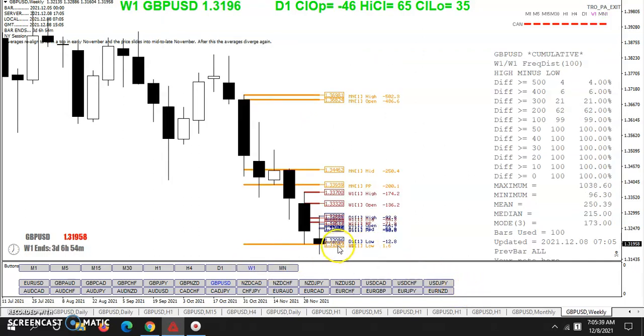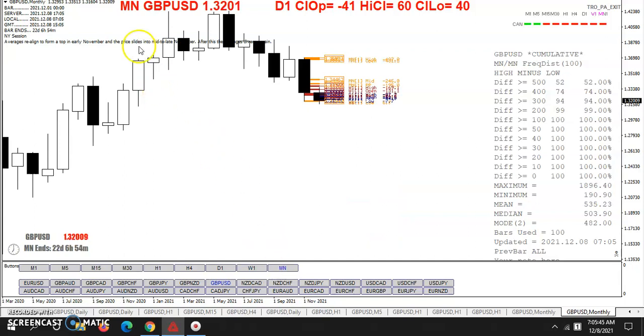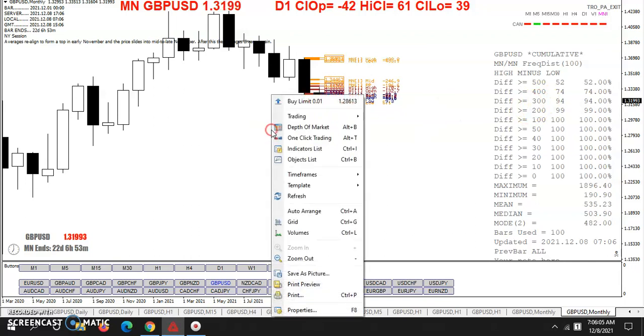So the monthly low was 31.94. So at 33.51, we'd already gone about 250 pips, but once again, 300, you've got a 90 or 94% chance, it looks like, statistically speaking, for it to go over 300.